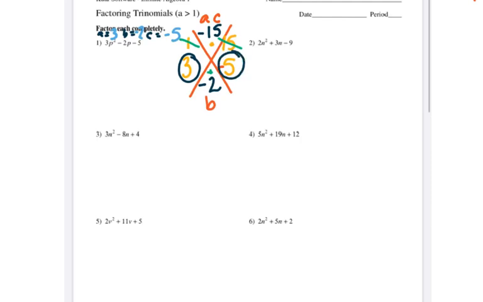So what we do is we're going to say 3. I'm going to change these to X's just because this is still new and I don't want it to confuse you. So instead of P's, I'm going to call them X's, just so it's consistent with what you did yesterday. So the first number, 3 with an X squared. This is called splitting the middle. So instead of this middle, we're going to write the two numbers that you got from your X puzzle.